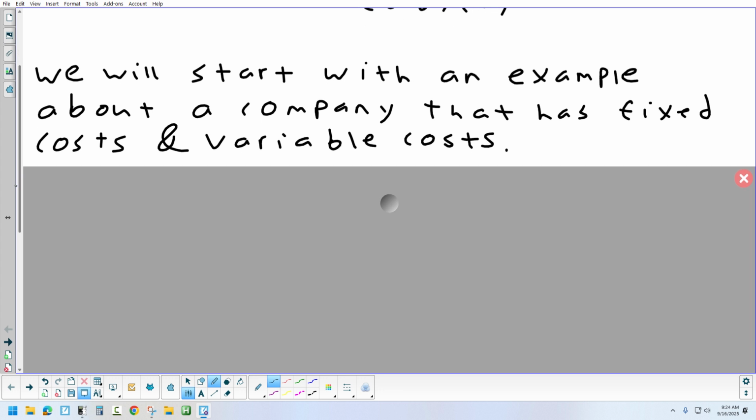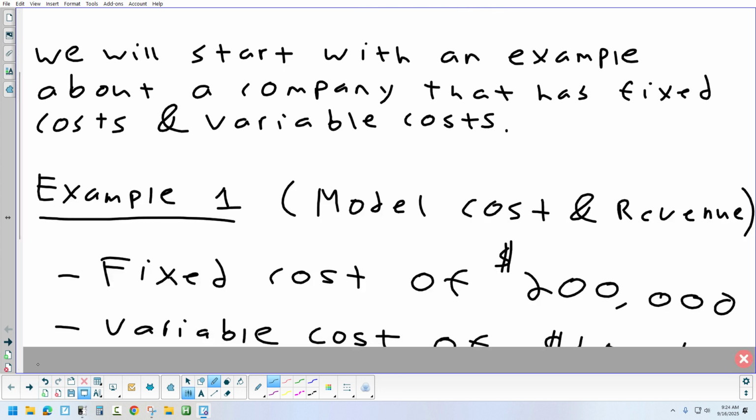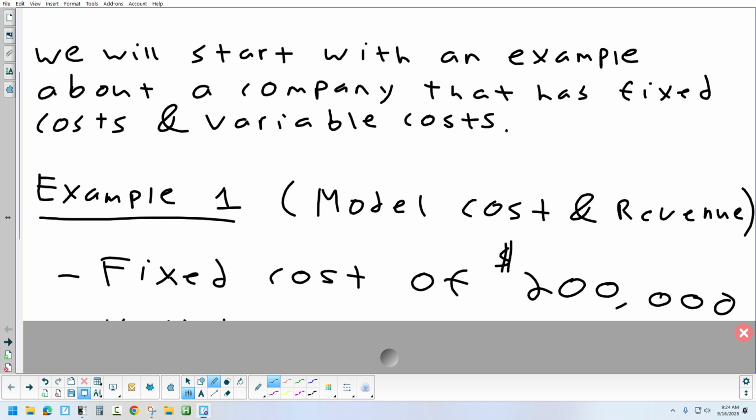All right. So this particular company has a fixed cost of $200,000. Maybe that could be the cost for the company to rent the space that they use for their warehouse. Doesn't matter how much stuff is in the warehouse, they just pay $200,000 a year to have the space.